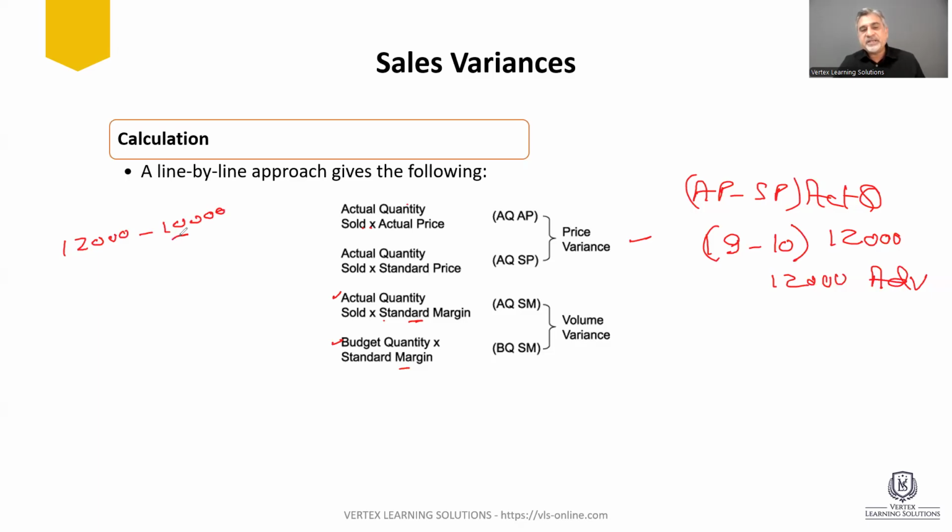I thought I would be selling 10,000. I did sell 12,000, so I sold 2,000 units more and I multiply it with my margin. Which margin? Either the contribution margin or the profit margin, depending on which accounting system I am following. So these are the formulas. You can do it with logic actually.